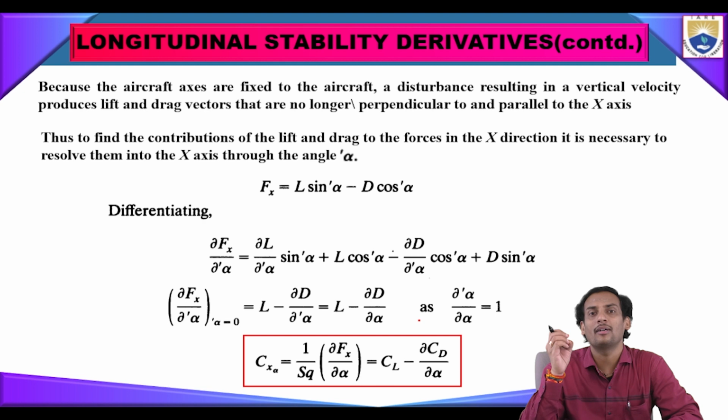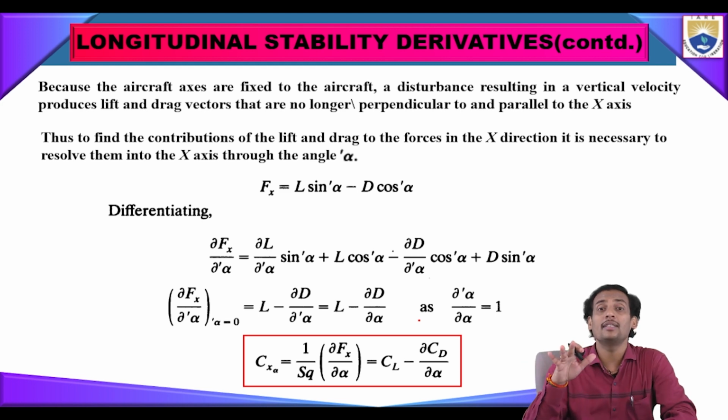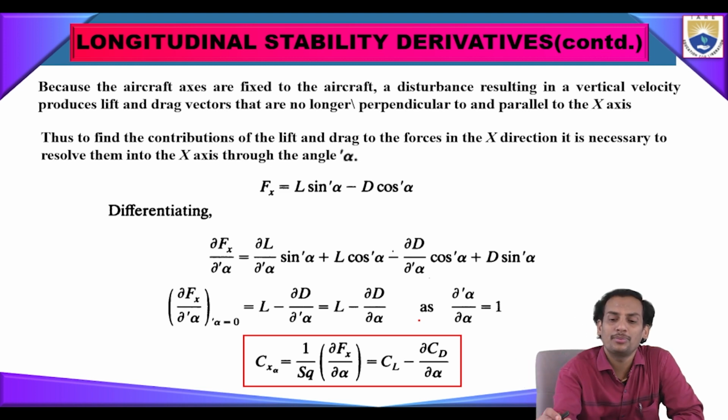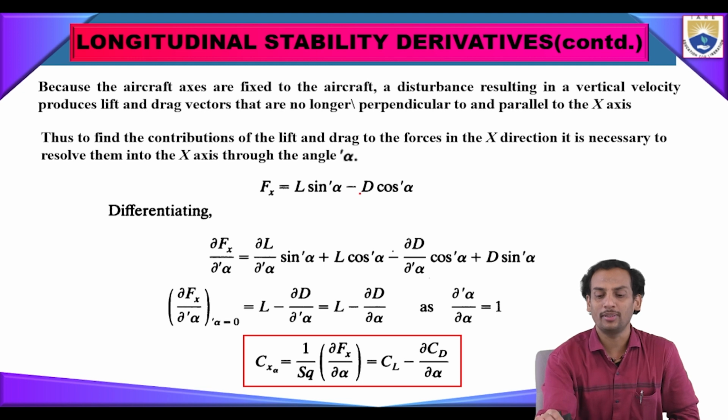There will be some angle because of these velocity changes and the orientation changes also. The forces may not always be acting in direction with the body axis. So to find the contributions of lift and drag in the x direction, what are the forces acting in the x direction?